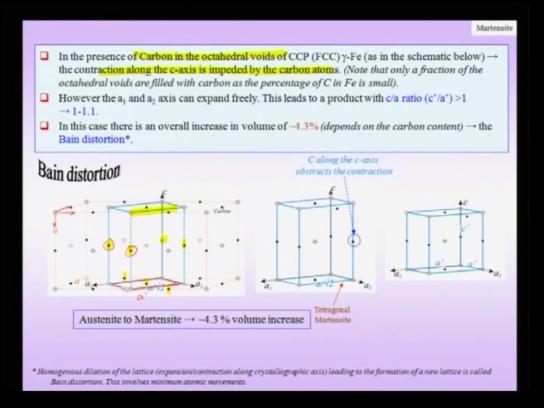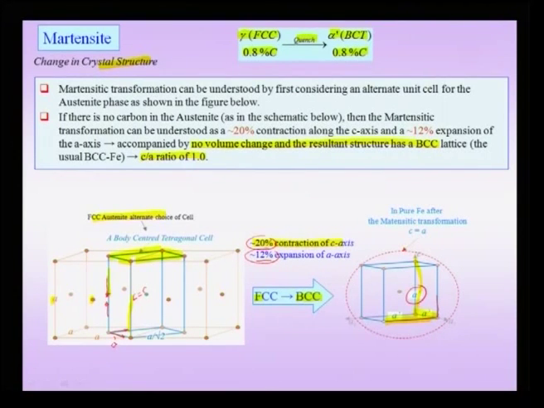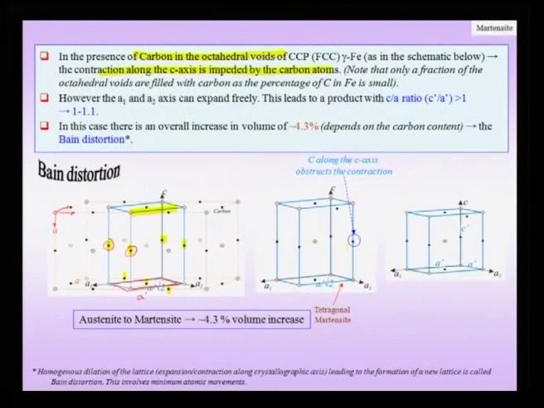Now, when my Bain distortion takes place, the distortion which we saw previously, a 20% contraction along the C axis and 12% along the A axis, this kind of contraction tries to take place when I quench from higher temperature. You can notice that the 2 A axes, as I am marking here, are free to expand, because there are no carbon atoms in their path.